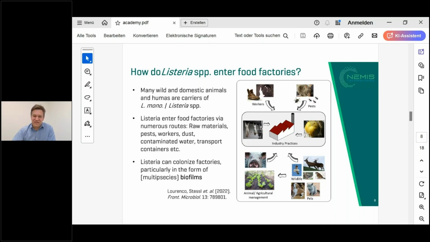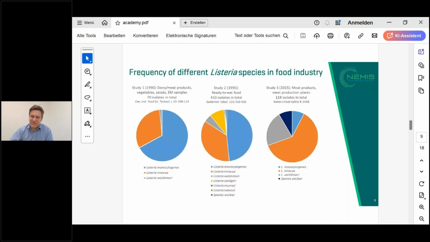So what is then the frequency of different Listeria species in food and in the food industry? Well, it's really restricted to only a few species which are found there in such samples. So mainly L. mono and then innocua, the two most important species. And the third and fourth are Listeria welshimeri and Listeria seeligeri, and all the others are only rarely found.